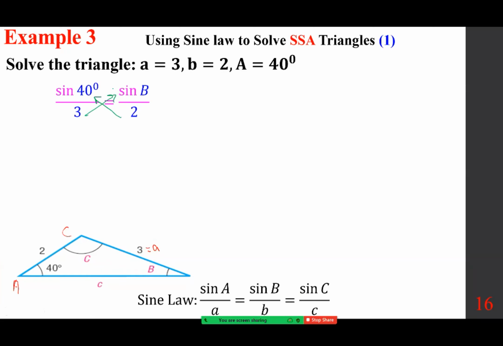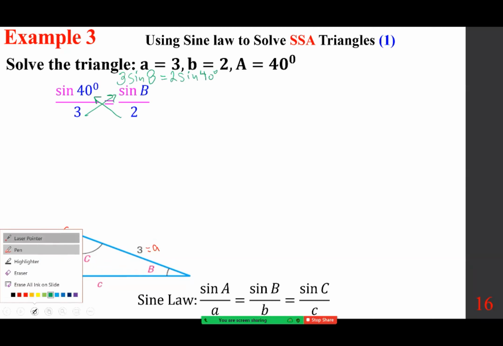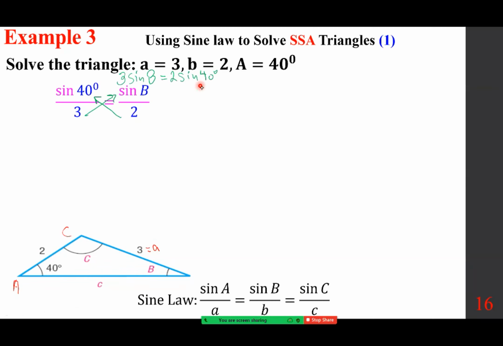And let's do it also this time, just to make sure everybody understands. So this means 3 sine B is 2 times sine of 40 degrees. In this case, you divide by 3 and you get sine of B. So 2 times sine 40 degrees using a calculator, whatever the number is, divided by 3 and you get 0.43 roughly.